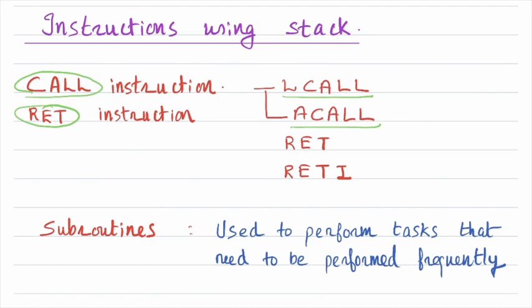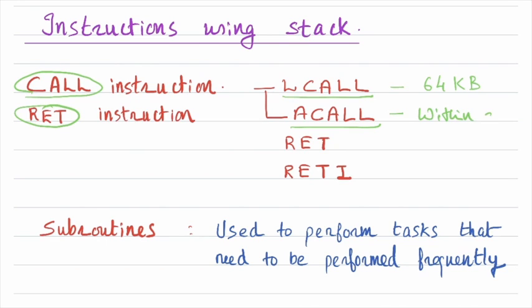And as we know that the long call means wherever the subroutine is residing, this subroutine can be residing in the span of 64 kilobyte, whereas absolute call means it can reside within a page.